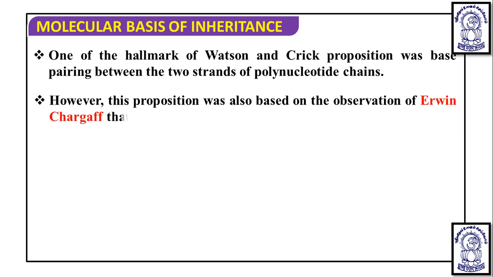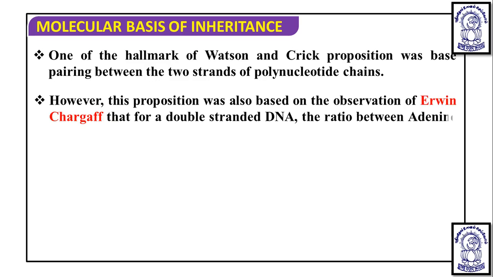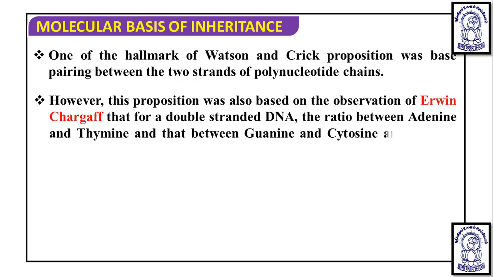This proposition was also based on the observation of Erwin Chargaff that for a double helical DNA, the ratio between adenine and thymine and that between guanine and cytosine are constant and equal. So first is the X-ray crystallographic data, and second is Chargaff's rule.